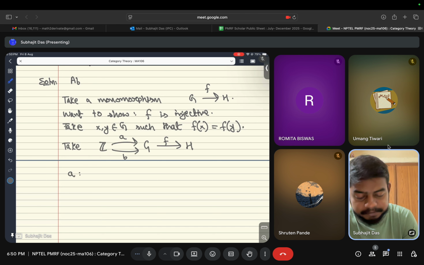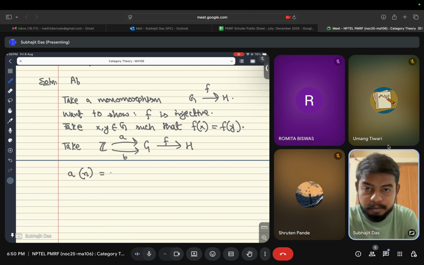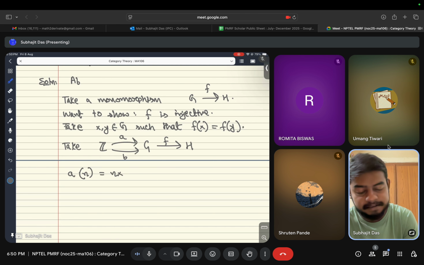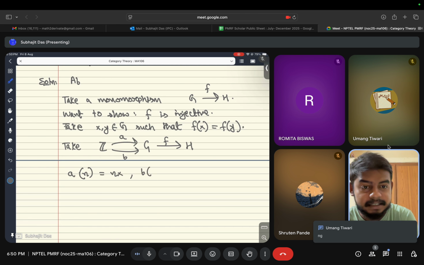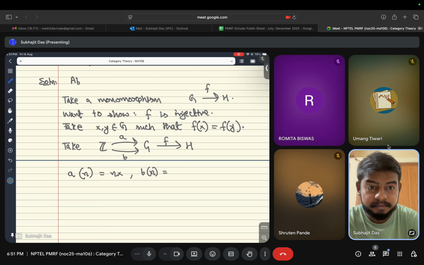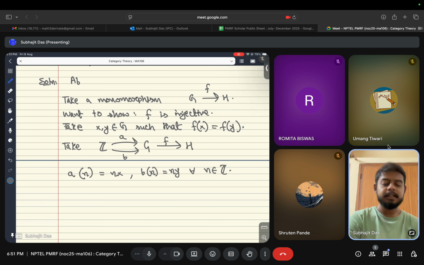A is a group homomorphism which sends any n in Z to n times x, and B sends n to n times y, for all n in Z. This is what the maps A and B do, right?